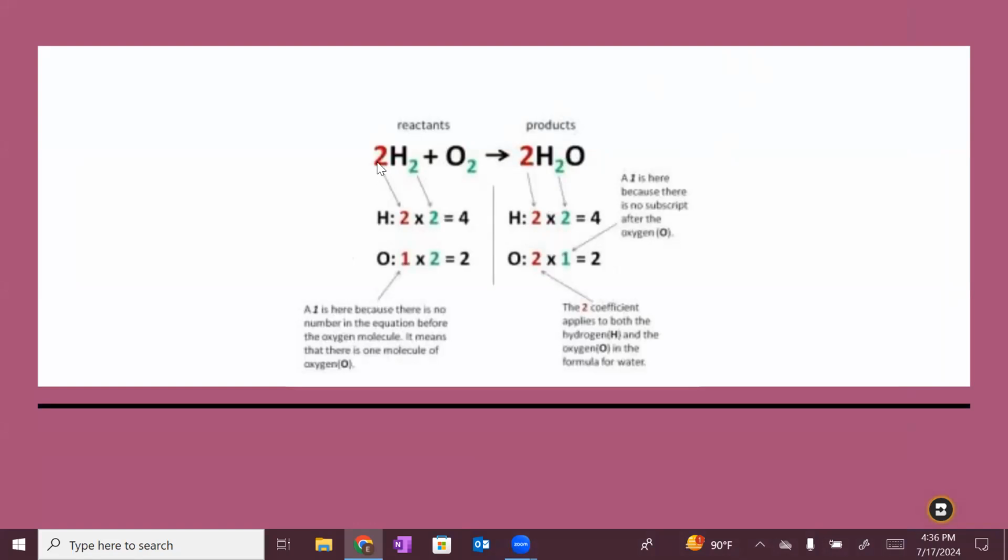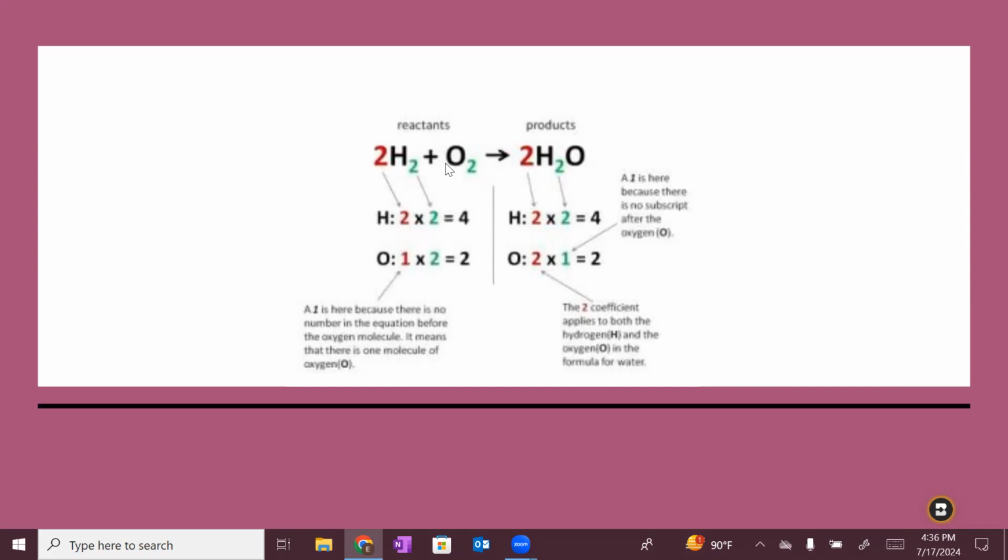Here, we want to look at the hydrogen and oxygen on the reactant side and the hydrogen and oxygen on the product side. In other words, we want to count the atoms, which we did already. For hydrogen, there are 2 sets of hydrogen, which gives us a total of 4 hydrogen on the reactant side.